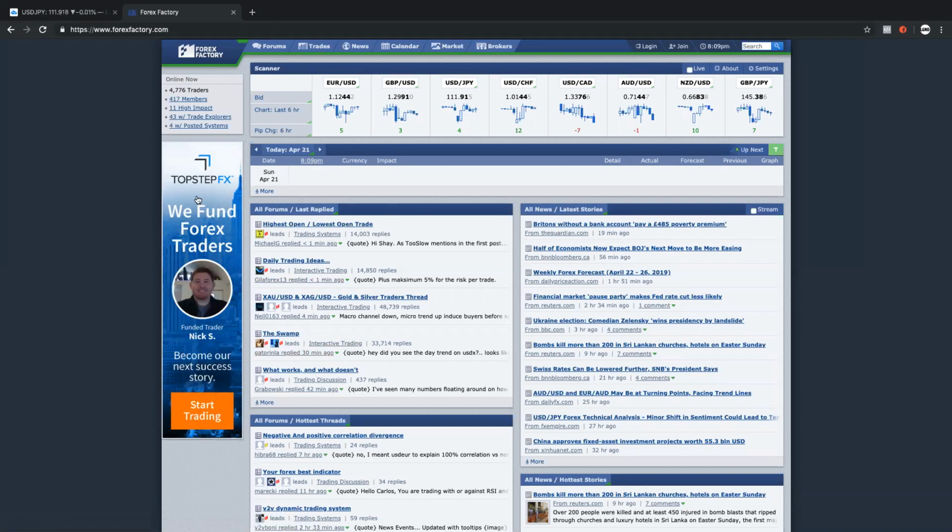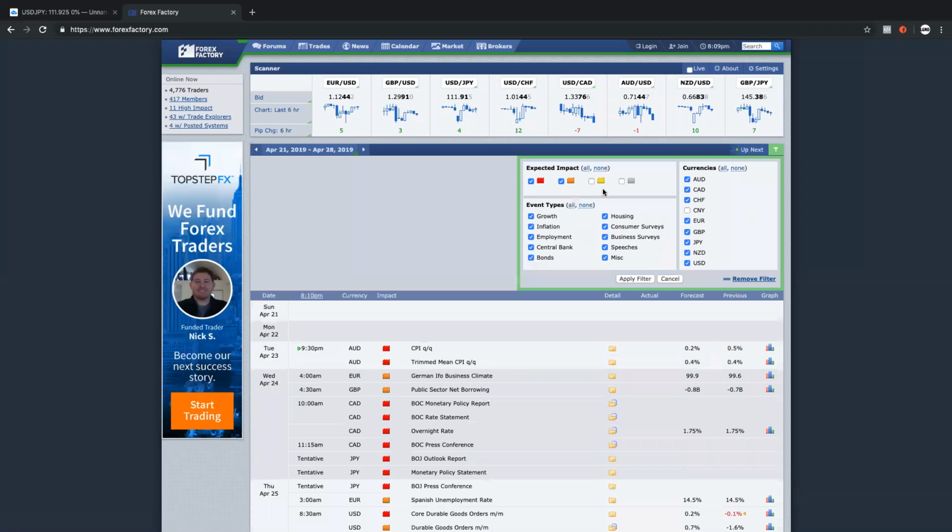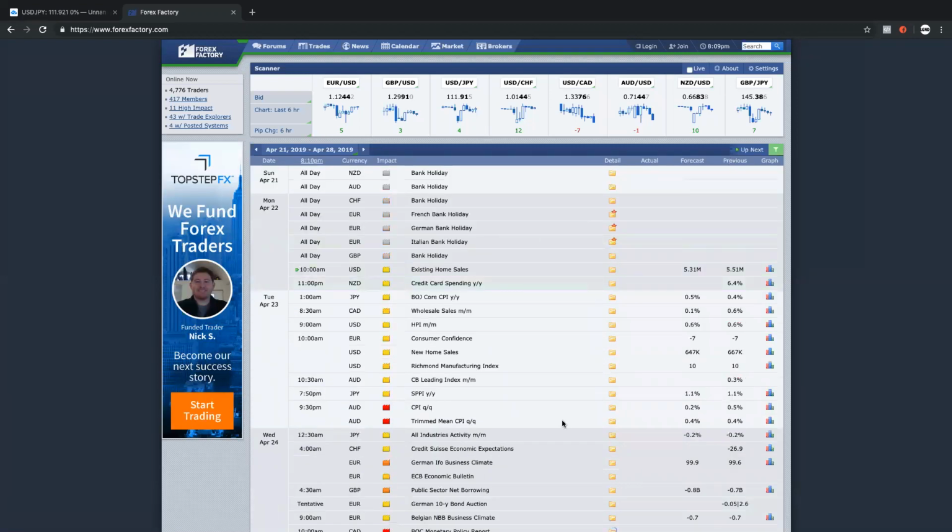Perfect. All right, so when we're on Forex Factory, we want to look through the material and see what exactly is to come, if there's any major news that's going to be released. I filtered my charts here to show me the orange and red folders. Of course, you have the yellow and gray folders that are there by default.